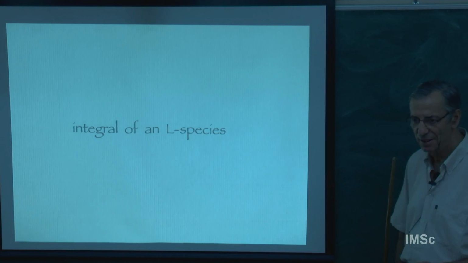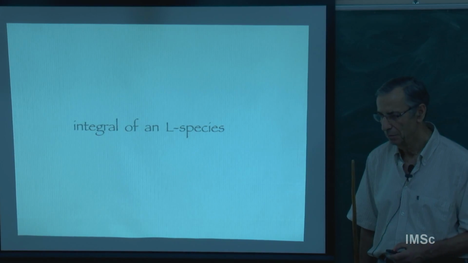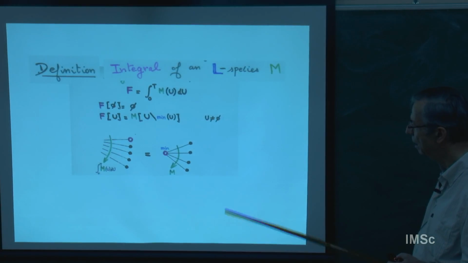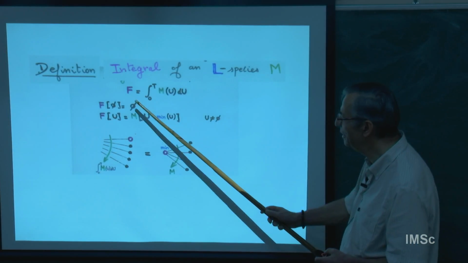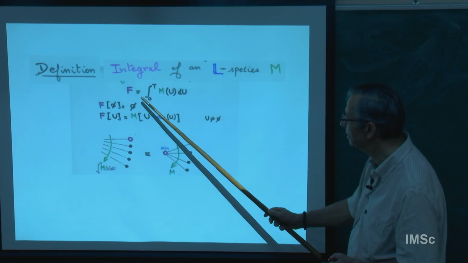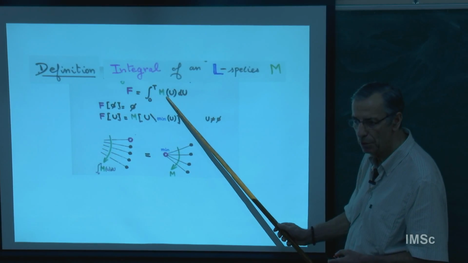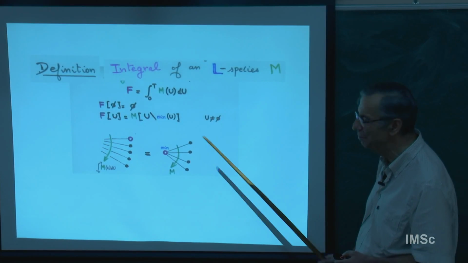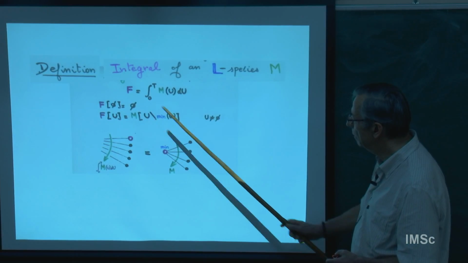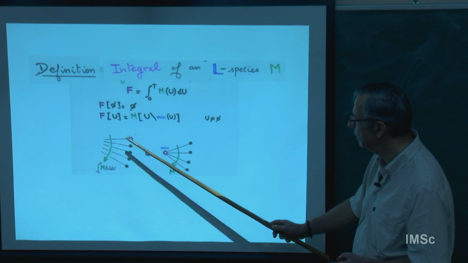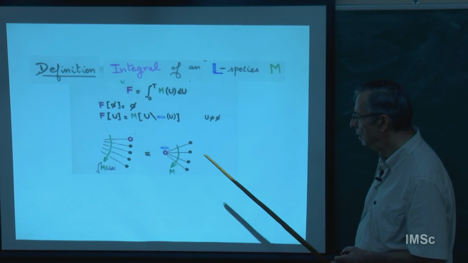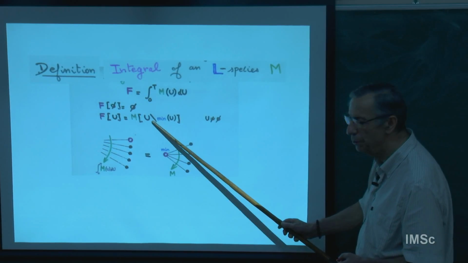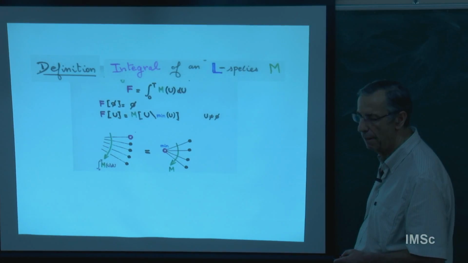Now, the integral on L-species. So, a definition with this notation. We are in capital letters. You have a species M of U, a linear species, and I define the integral this way: F of the empty set is empty, and F of U is the M structure on U when you delete the minimum.